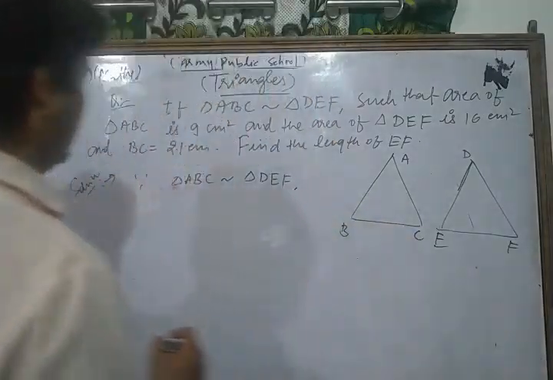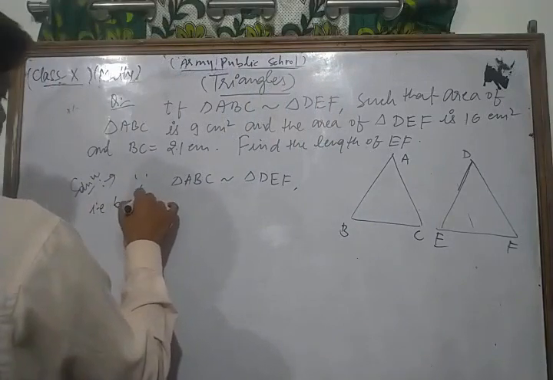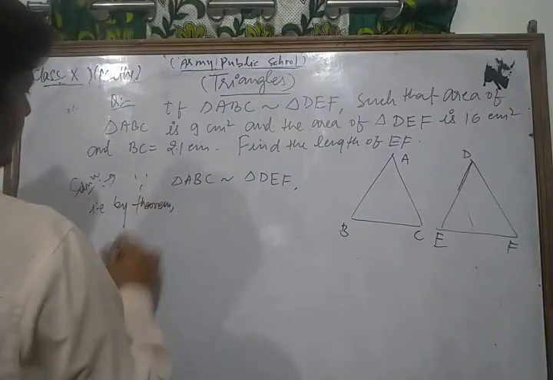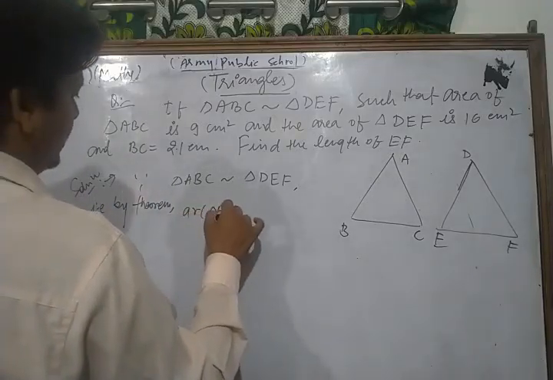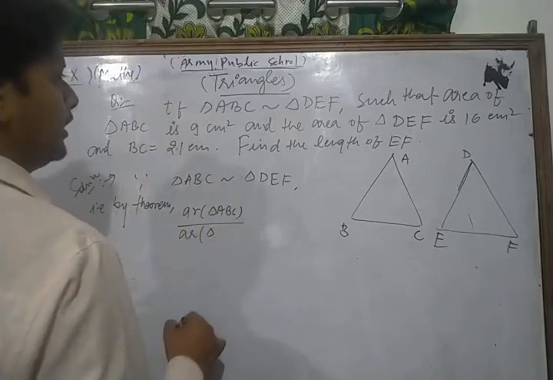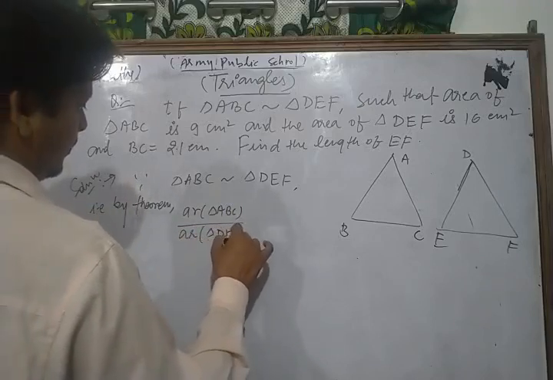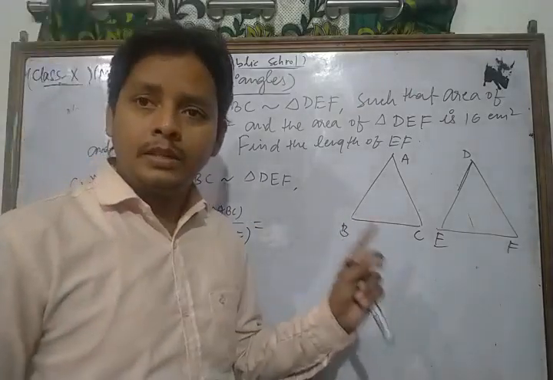So by the theorem, area of triangle ABC upon area of triangle DEF is the same as the ratio of the squares of two corresponding sides.